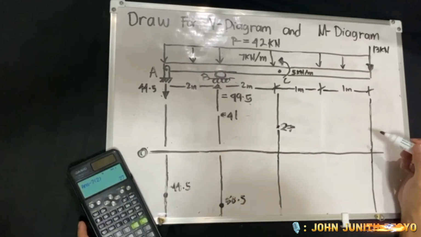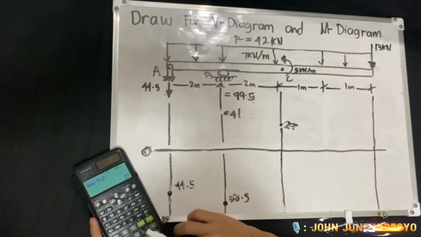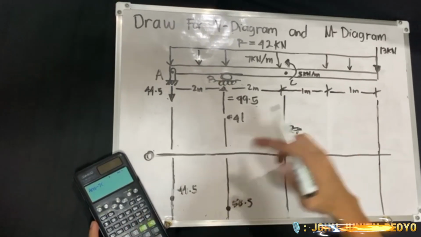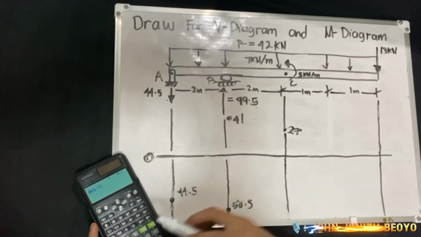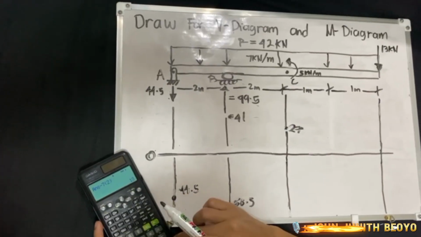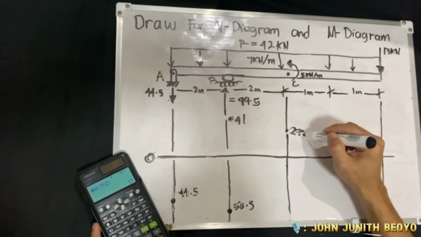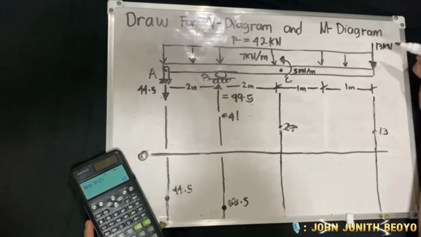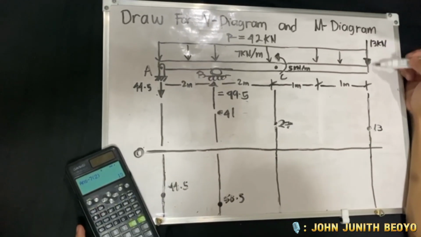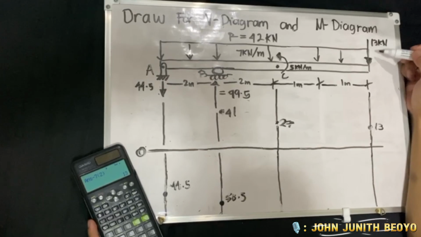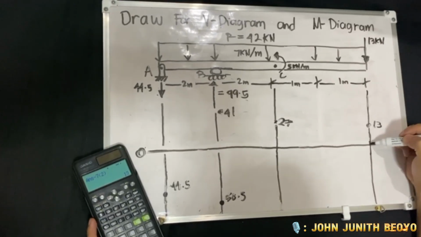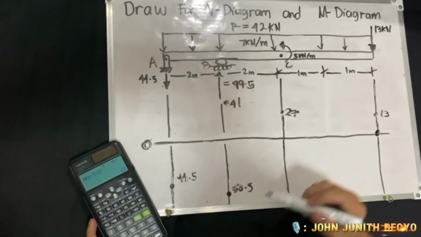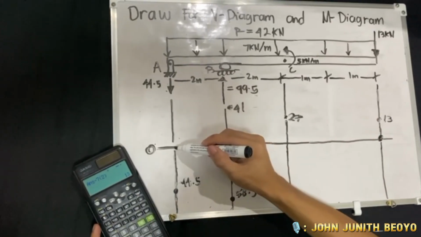And again, 27 minus 7 times 1 is 20. Then we have the point load of 13 going downward, which gives us 7 on our shear diagram.